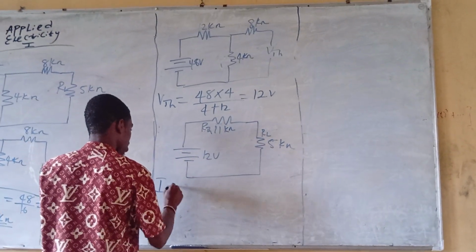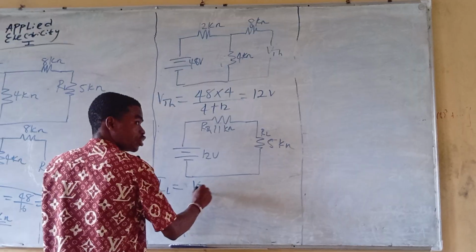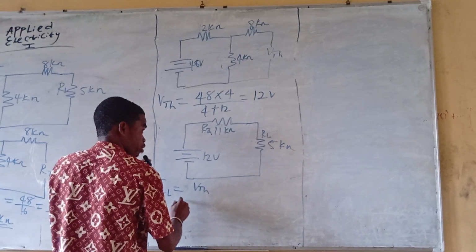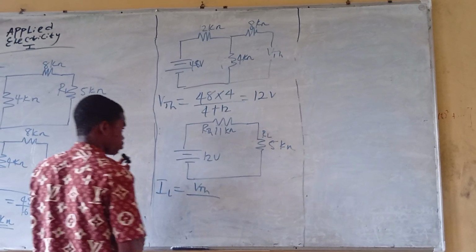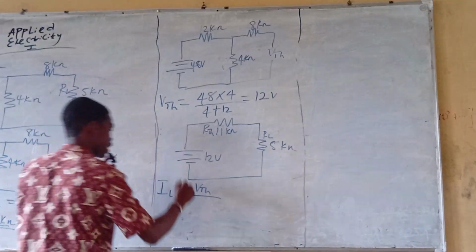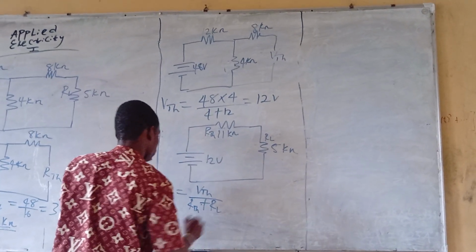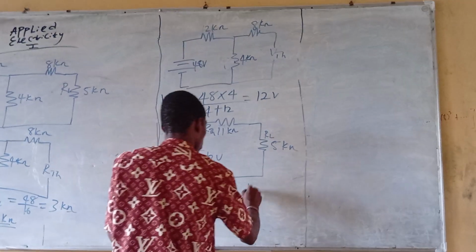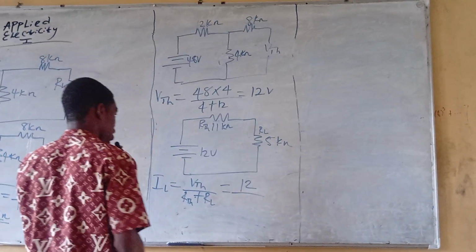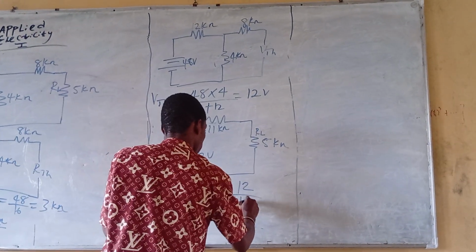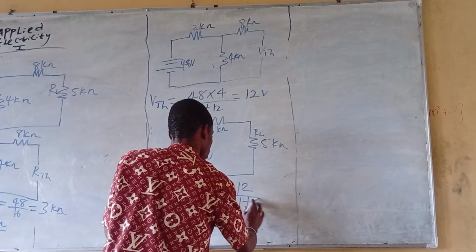So your IL is going to be VTH divided by RTH plus RL. So this is going to be equals to 12 divided by RTH, that's 11 plus 5 kilo ohms.